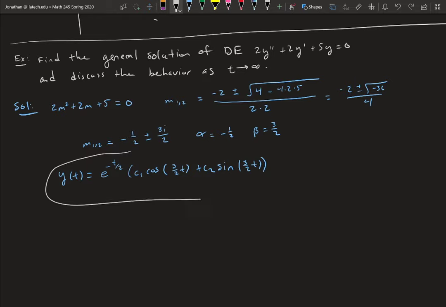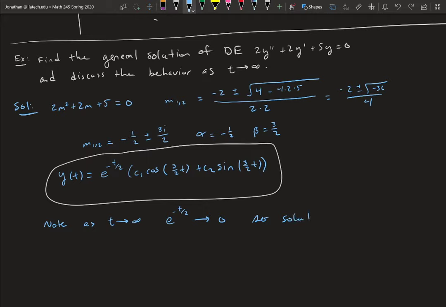And what is going to happen to this solution as t goes to infinity? So note, as t goes to infinity, e to the negative t over 2 goes to 0. So the solution will decay over time.